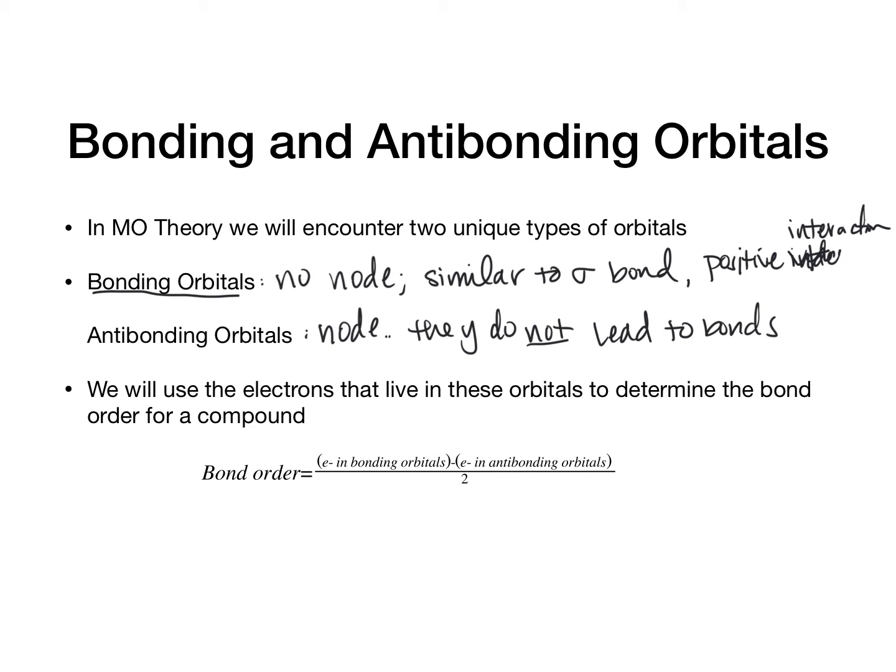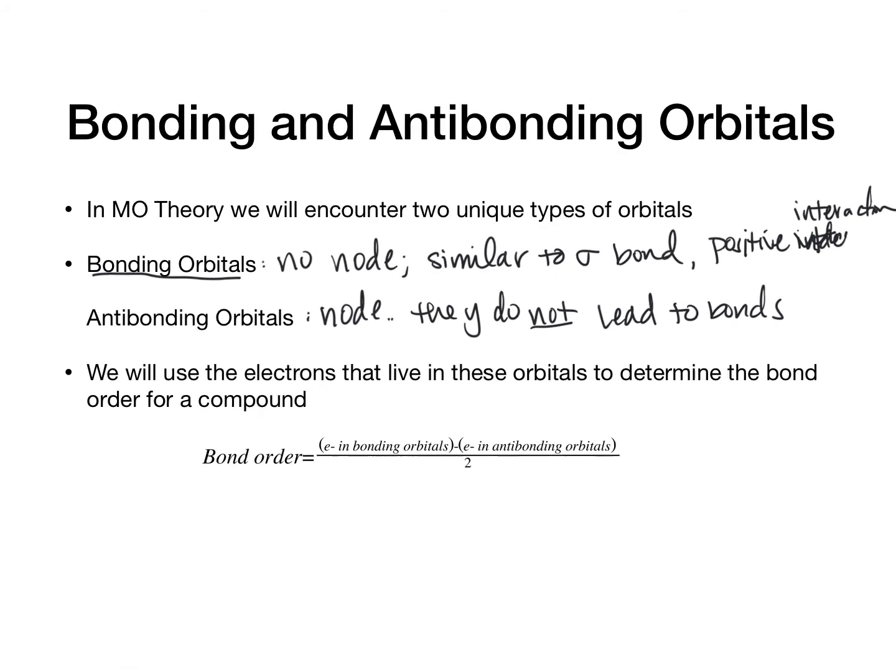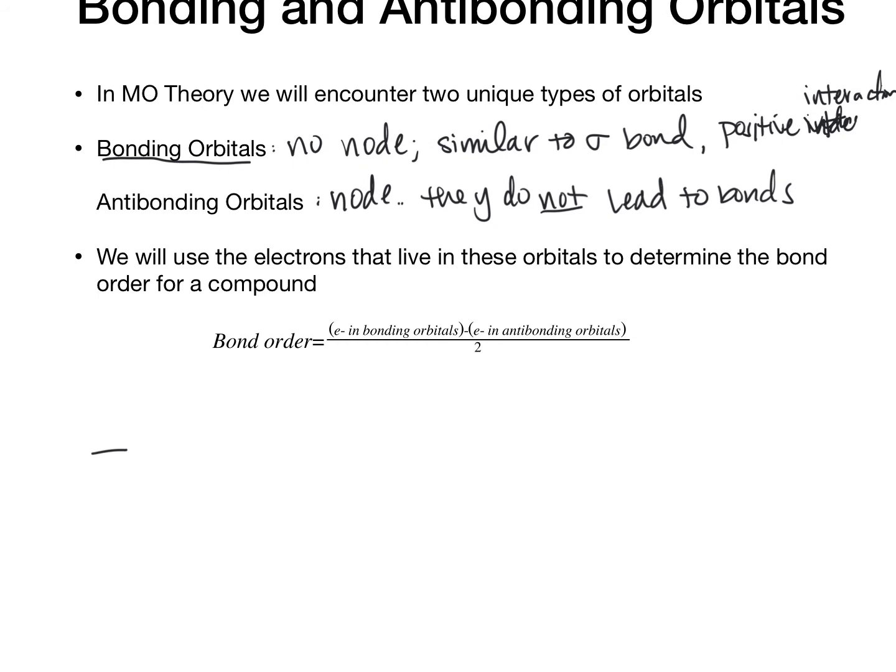And so we can calculate the bond order. Bond order is the way that we can calculate, using molecular orbital theory, how many bonds we expect. If we think about the hydrogen-hydrogen diagram I drew, with our two 1s electrons, we have these two sigma 1s electrons.